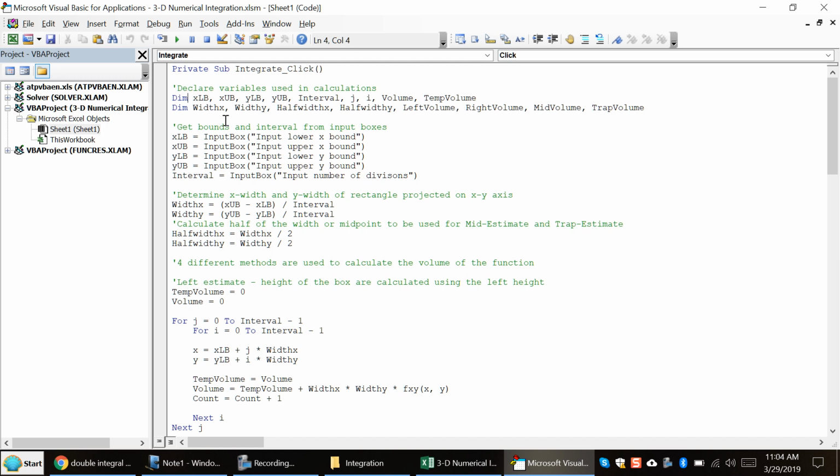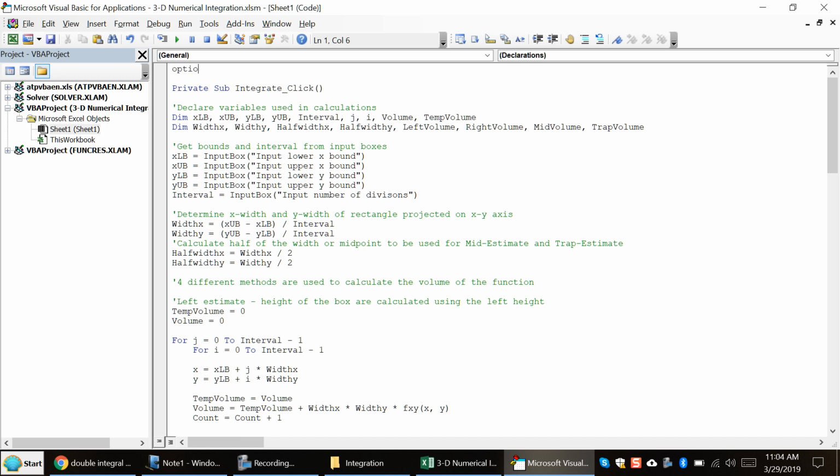And declaring variables is strictly for the purpose of, basically, if you misspell one in the code, it tells you. And if you come up here and you write option explicit, okay, what option explicit means is that if the variable's not declared, it doesn't get used.